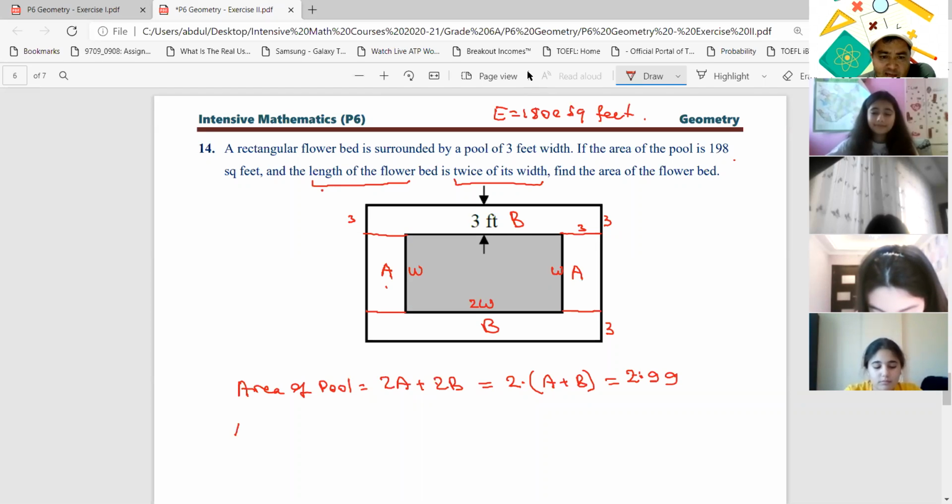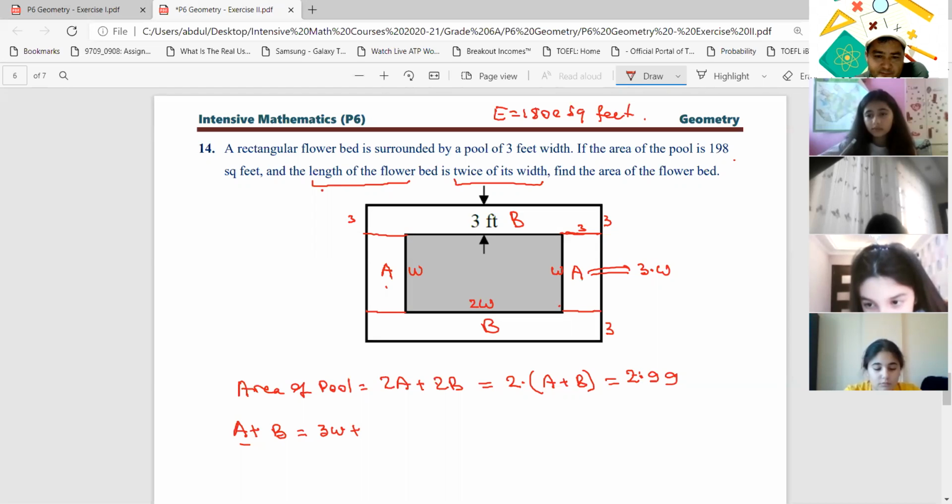What is A? Capital A plus B. What is capital A? Nigar, can you tell me what is capital A? 3 times W, right? Is it a rectangle? Width is 3 units, right? And width is W. So it is 3W. A equals 3W plus, Mariam, can you tell me what is the area of B?